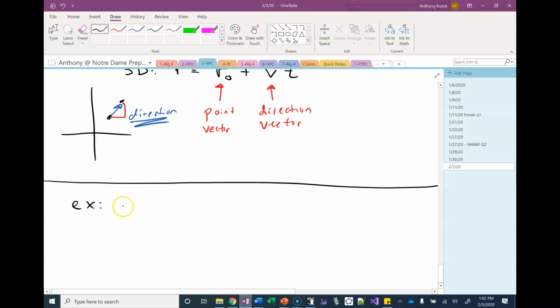Let's say we want the equation through the points (5, -2, 6) and (-3, 4, 1).